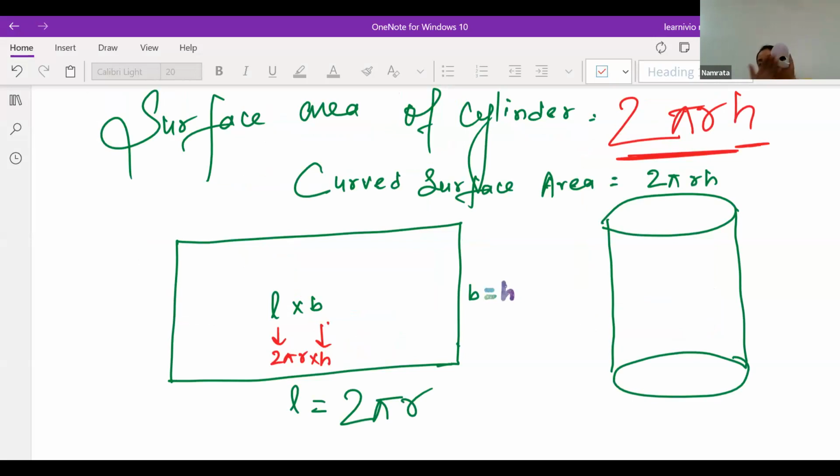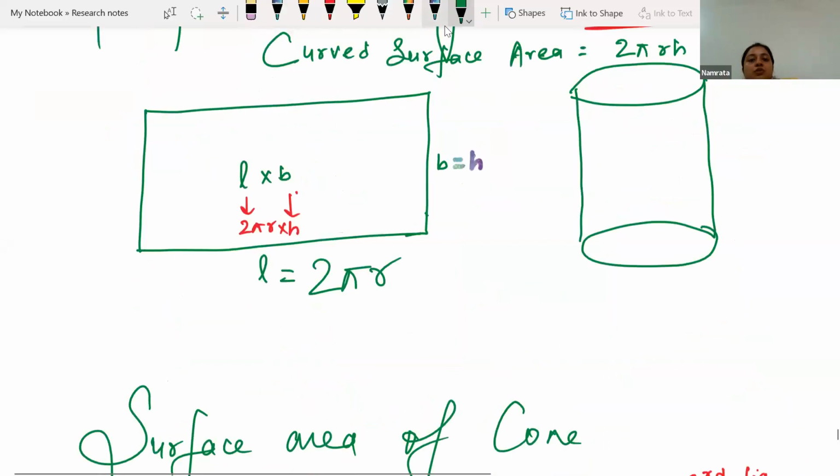If you see this top part and the bottom part, if I take a circular lid and cover it, then how many surfaces will we have? Surface area means the area of each and every surface combined together. So if I am taking a circular lid and covering it, that time you will have more than the curved surface area. Let me show you.